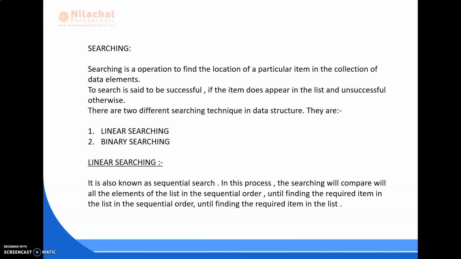Once after comparing, if the item matches any element of the list, that means we have found our item, that is, a successful search. If none of the elements is equal to the item, that means it is an unsuccessful search.